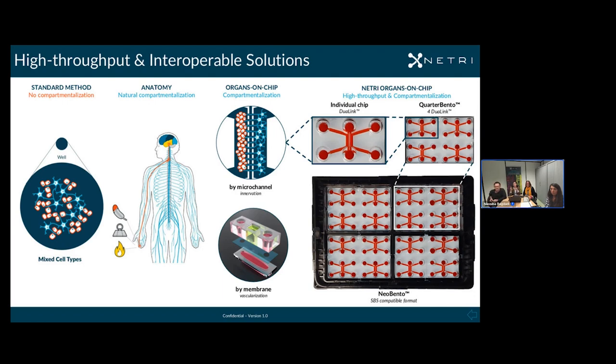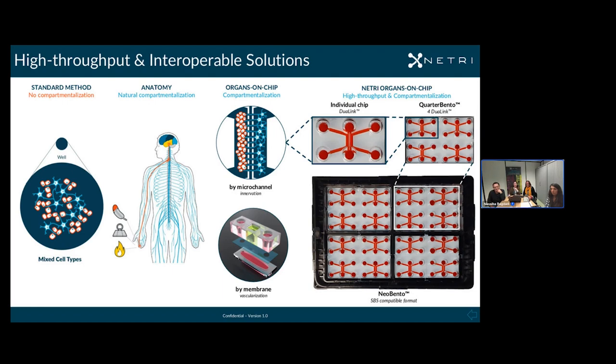And of course, we have another type of compartmentalization, an internal one, between different organs and also between different systems, for example the vascular and the nervous system. So the idea behind our devices is to recreate this physiological compartmentalization using our microfluidic devices.